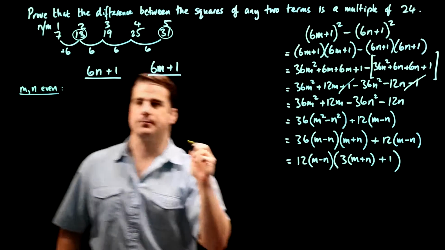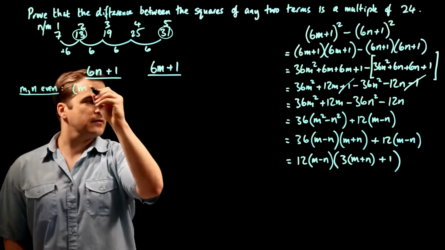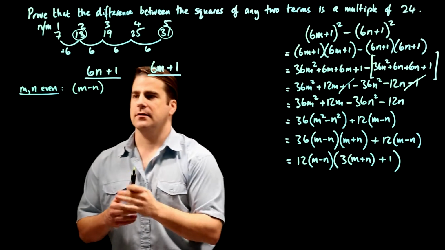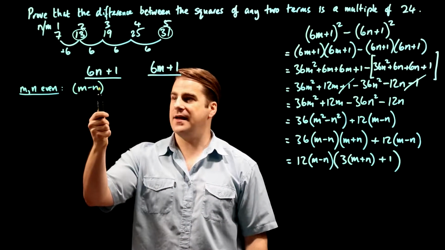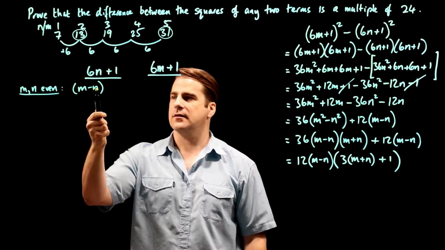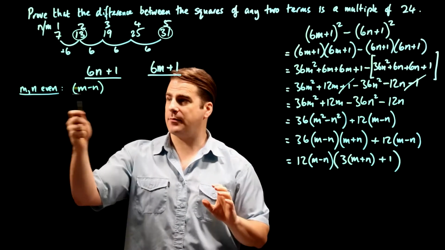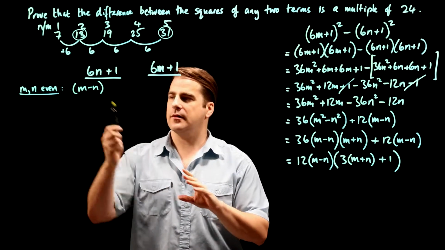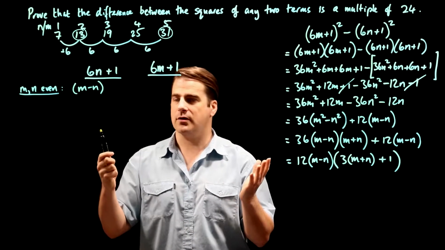Right, this bit here. When m and n are both even, m minus n, okay, if m is even and n is even, and m is always at least 1 bigger than n, so if they're both even, m minus n must be a minimum of 2 if m is 6, say, and n is 4.